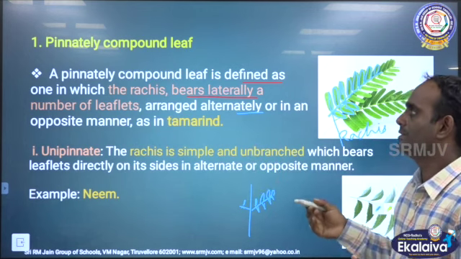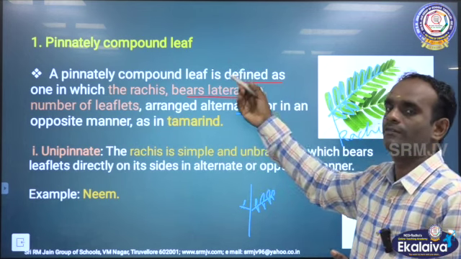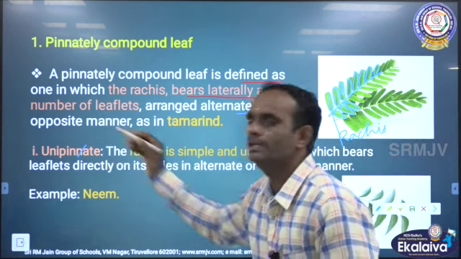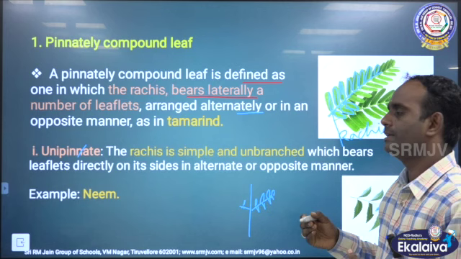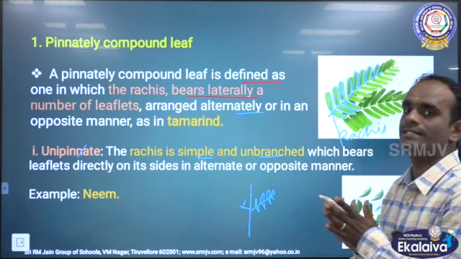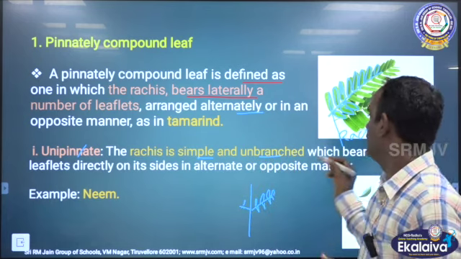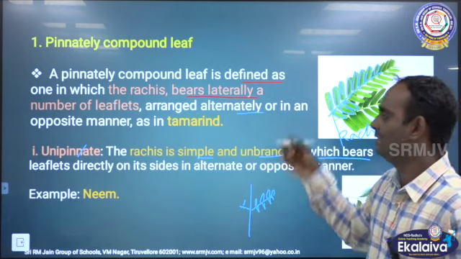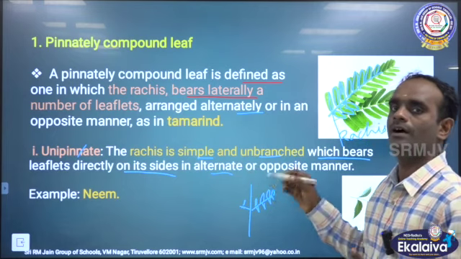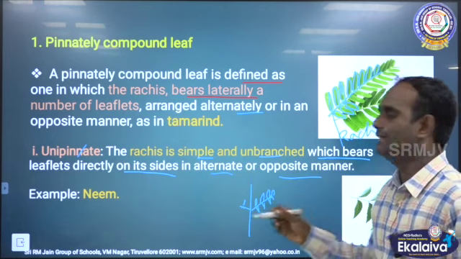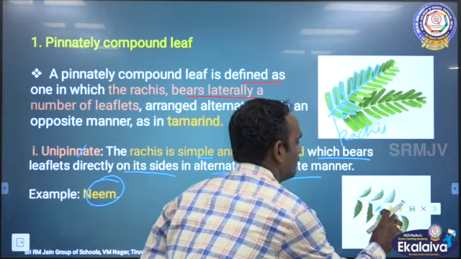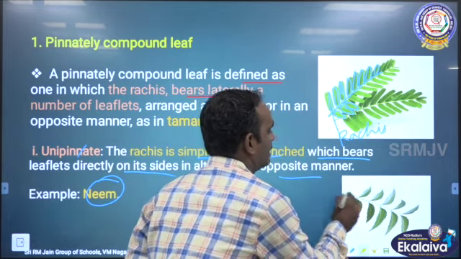Okay, so the pinnately compound leaf has two types. One is unipinnate. The rachis is simple and unbranched, there is no branch at all, and it bears leaflets directly on its sides in an alternate or opposite manner. It is seen in the neem leaf. See the picture here, children. This is the rachis.